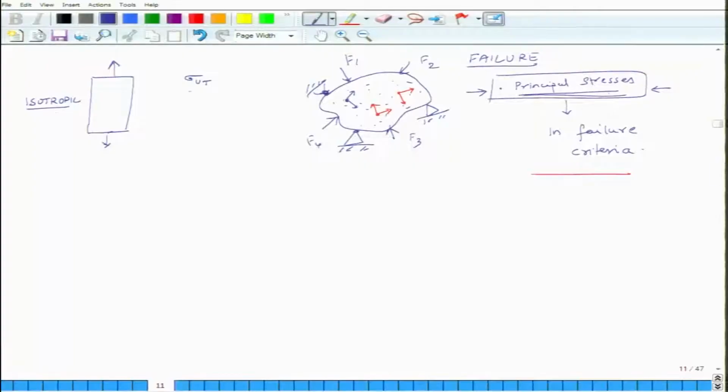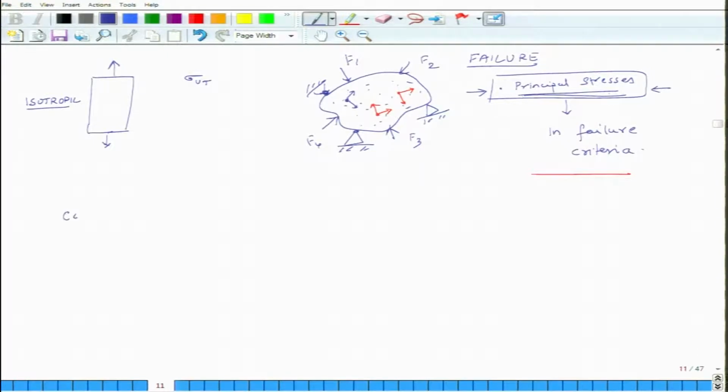So, typically we have 5 or 6 important parameters which we use to characterize the failure of a single unidirectional composite. So, unlike isotropic materials which have the same strength in all the directions, composite materials have different strengths in different directions.